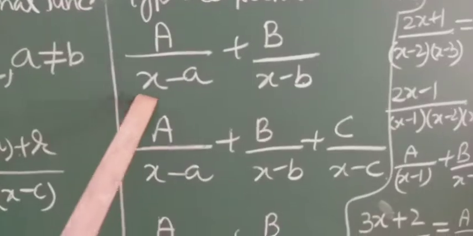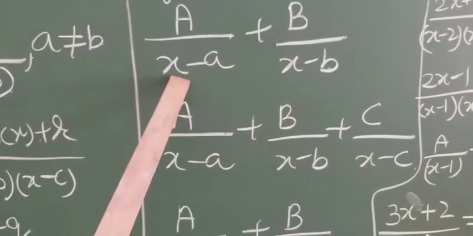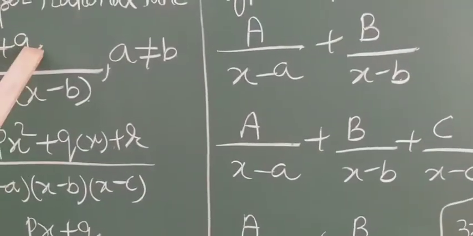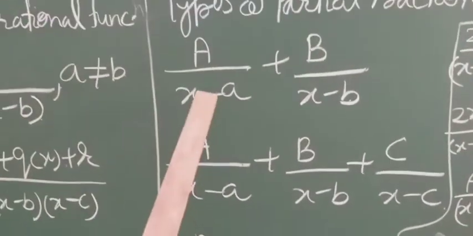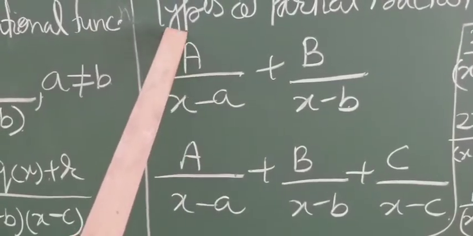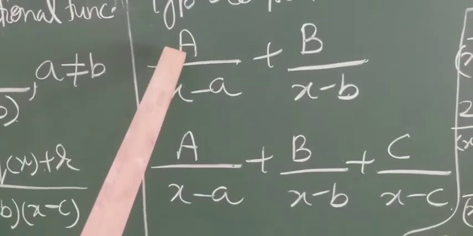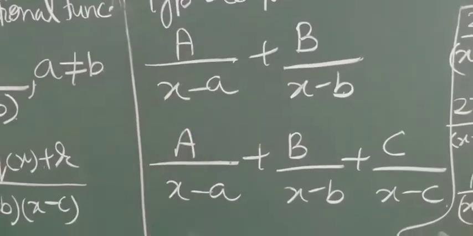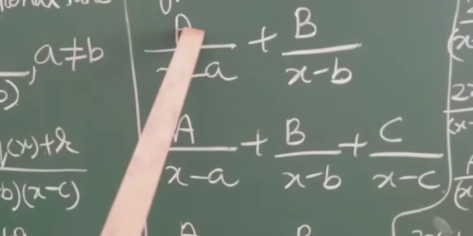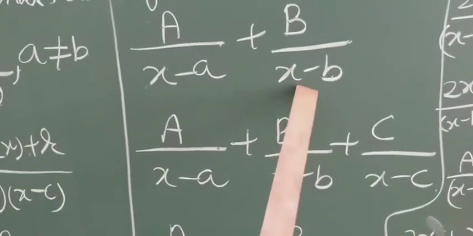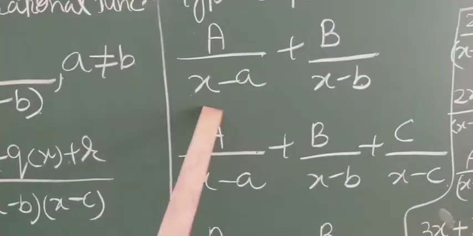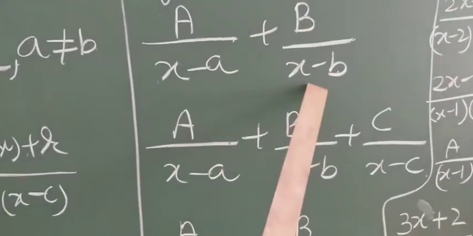We are taking partial fractions, meaning the simplest parts of the fraction. Remember, the degree of the numerator which we take here is always 1 less than the denominator. You can see its degree is 1, so the degree of the numerator should be 0. That's why we are taking A upon (x-a) plus B upon (x-b).